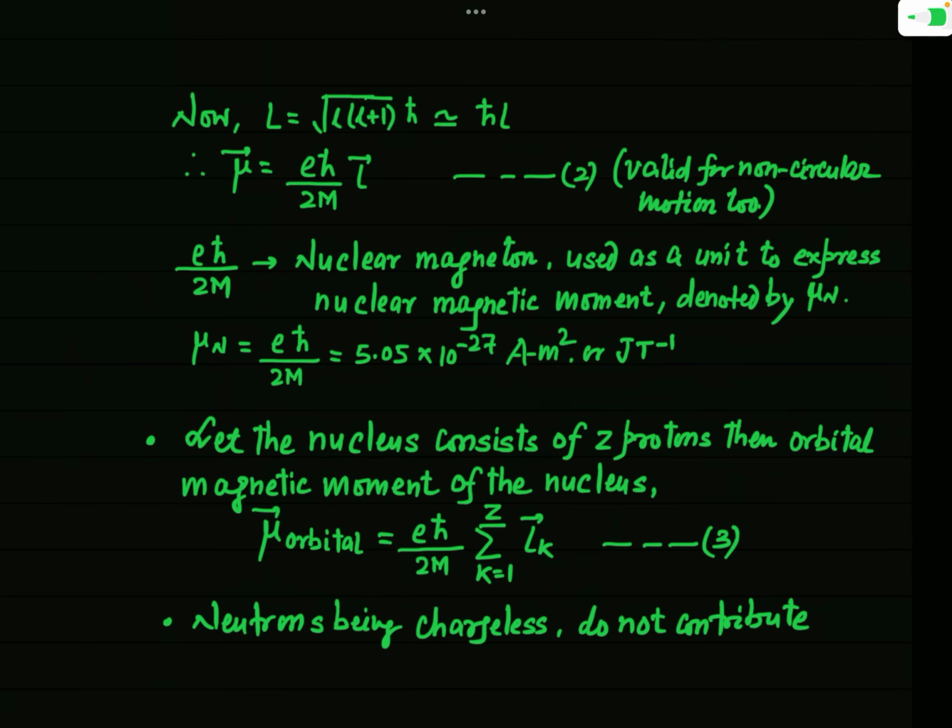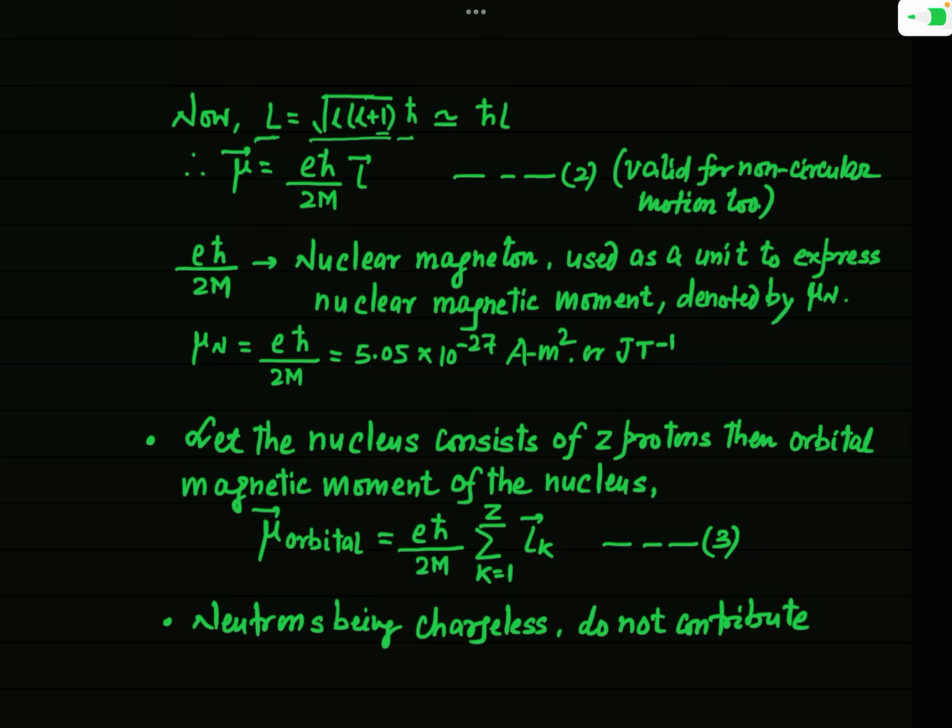Now, you have studied in quantum mechanics that the eigenvalue of this L is equal to root over L into L plus 1 times h bar, where L is actually called the orbital quantum number. In case of nucleons, this L is very large, so this 1 is simply neglected, and you may write an approximate formula.